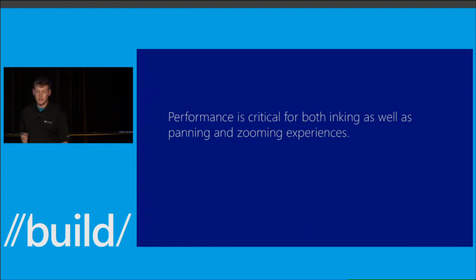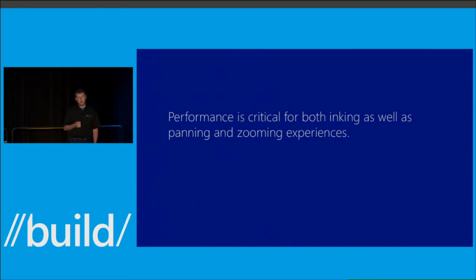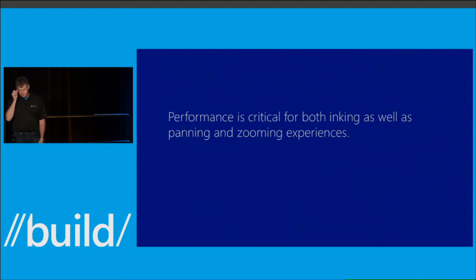Because of that, you can't use direct manipulation on the same window as real-time stylus at the same time. So as you're building your app, you're going to want to think about which windows you wire up to direct manipulation and which windows you wire up to the real-time stylus APIs, and then how you manage the transition between them. In our app, we made that transition very explicit by allowing the customer to click on that Add Ink button. But in some workflows, you can make that implicit and make it seamless.